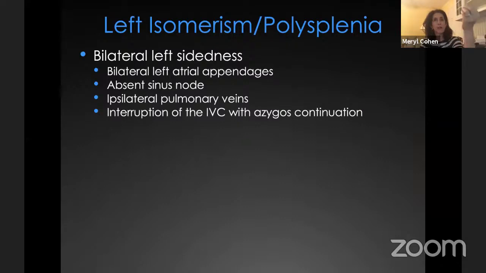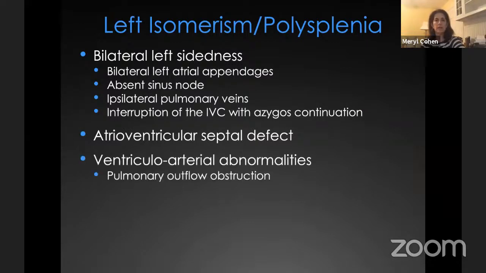Because the pulmonary veins are left-sided structures, you might have ipsilateral veins, which is when the left pulmonary veins enter the left atrium and the right pulmonary veins enter the right atrium. And because the inferior vena cava is a right-sided structure, the segment from the hepatic segment may be absent. And the way the blood gets from the lower half of the body is by an azygos pathway to one of the superior vena cava. So we call that azygos continuation.